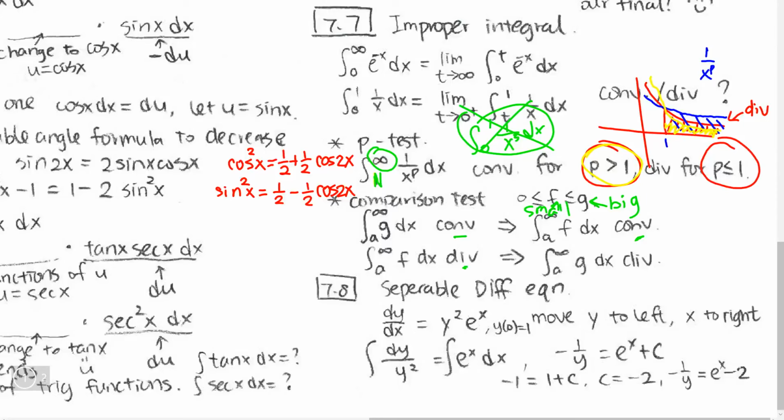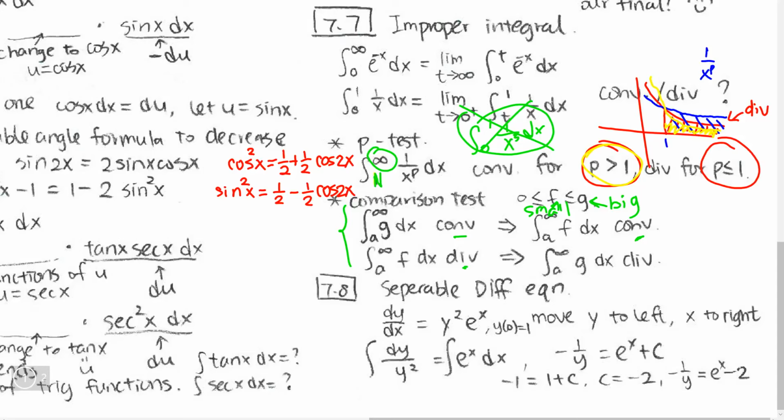And when do we use comparison tests? We use comparison tests when you are not able to integrate the integral. You can look at our handouts from 7.7. There are some integrals that we are not able to integrate, but you can look at the dominant terms. If they're rational functions, the dominant term is the term with the highest power.